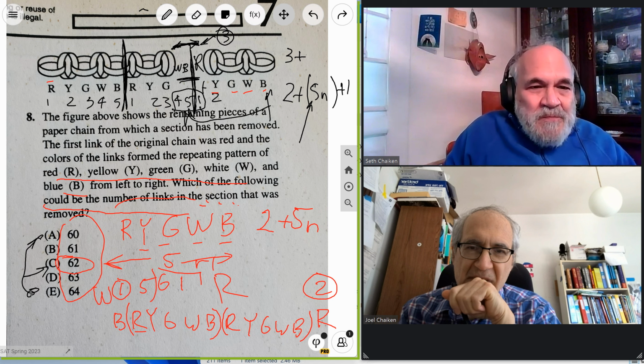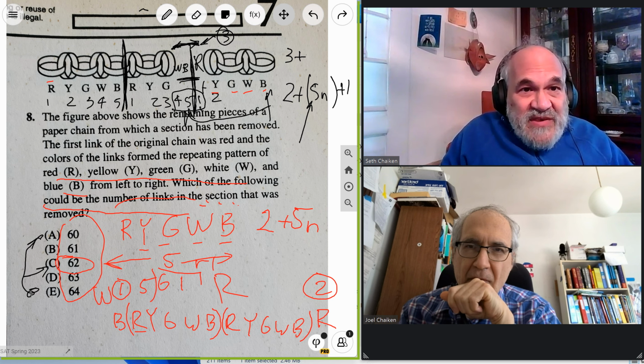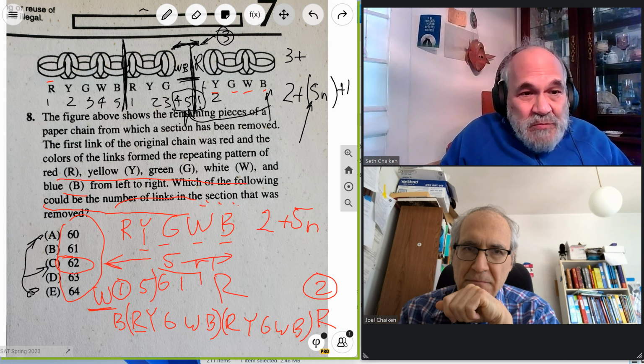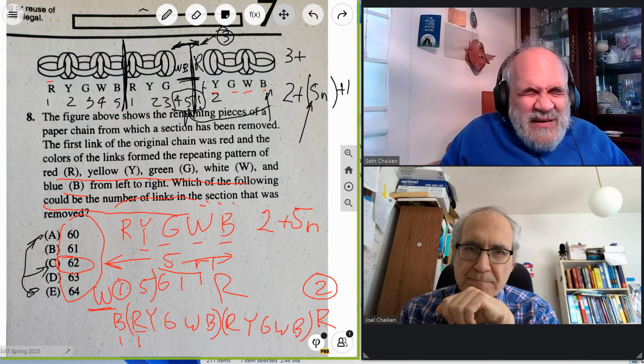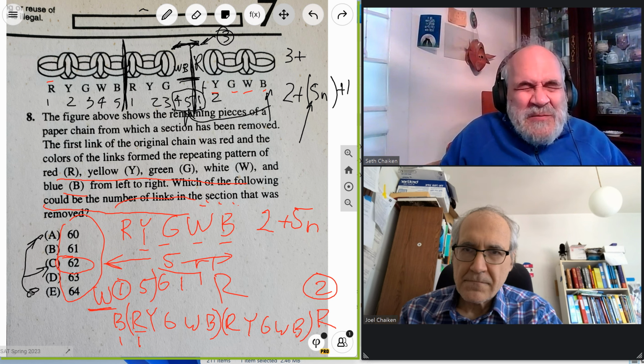So let me redo my logic. My logic was the gap must start with a W. Right. It must start with a W. So after W there must be a blue, and after the blue there must be a red, and after the red the pattern repeats.